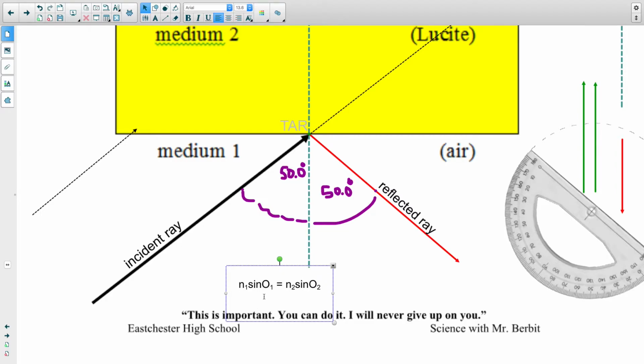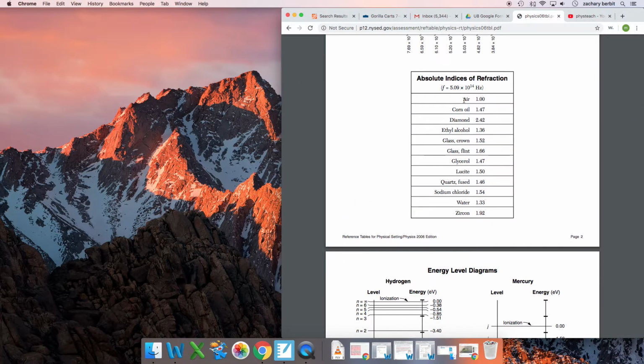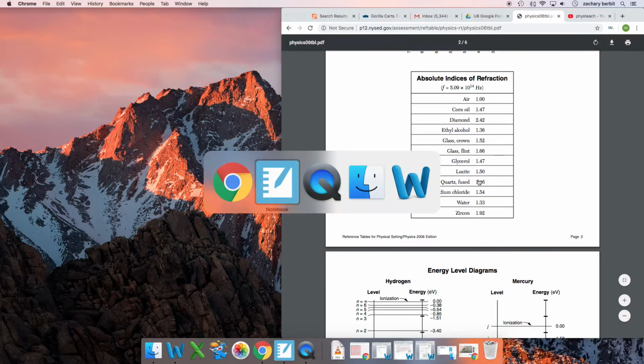Well, plug it in. Not a big deal. N1 is air. N2 is lucite. If we check the chart, air is 1, lucite is 1.50.